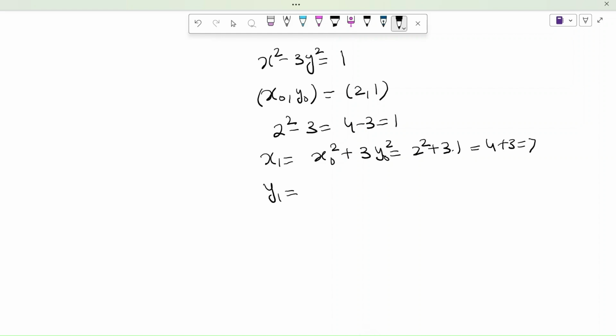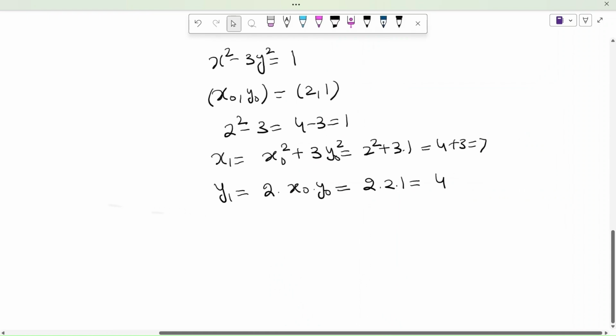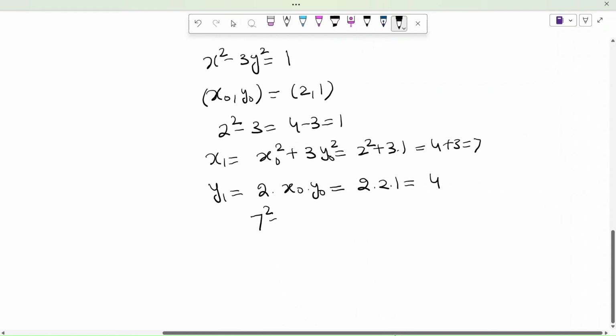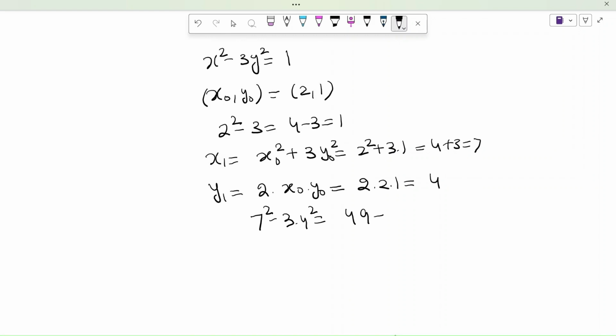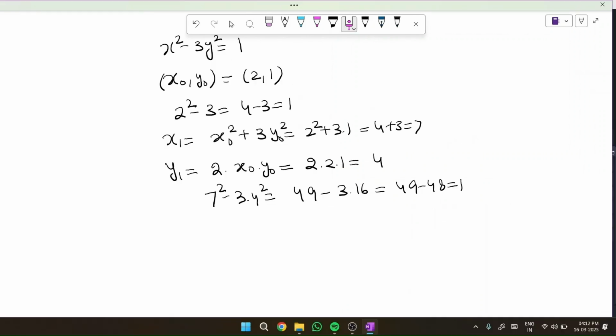And y1 = 2x0y0 = 2·2·1 = 4. Let's try this. If this works here, 7² − 3·4² = 49 − 3·16 = 49 − 48 = 1.